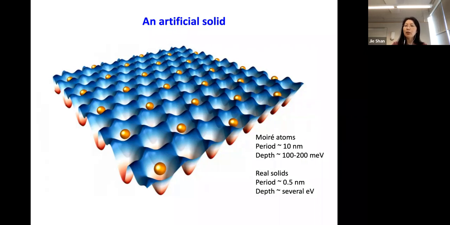So this artificial two-dimensional solid is different from the real solids. In a real solid, the period is much, much smaller. We know it's on the order of half a nanometer or so. And the depth there is about several electron volts. So this is the system we are going to study, and I'm going to talk about it in the rest of my talk.